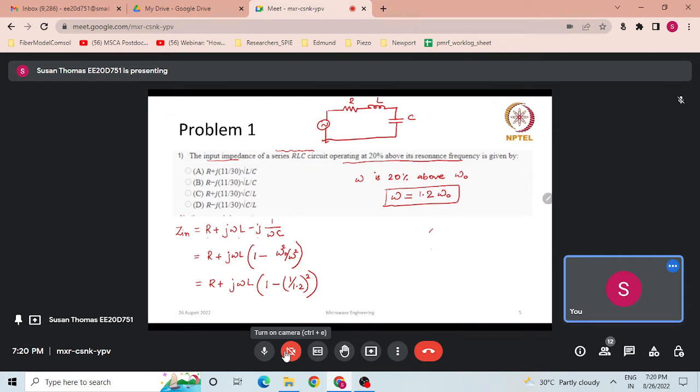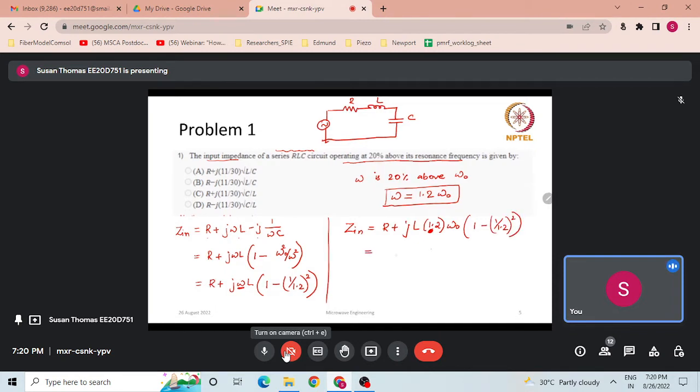We also have to substitute for this omega. So substituting that, you will get Zin is equal to R plus j L into omega, basically 1.2 times omega naught, into 1 minus 1 by 1.2 the whole square.